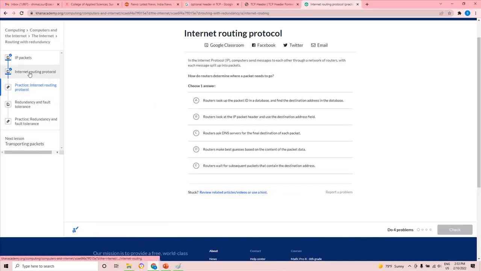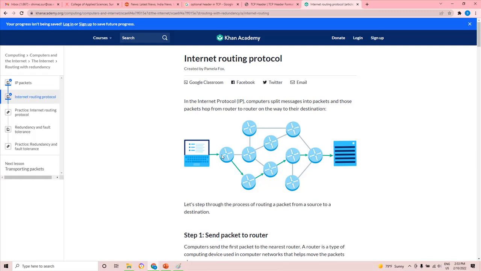From this system, if you want to send a packet to this system, it can go through many paths like this. You see, these are the routers in the network. Like if you want to go from Sur to Muscat, you can go through Quriyat, or you can go through Ibra and Nizwa, you know that route. So you have many routers in the middle. Through which router should this packet be sent to the destination? That is the question.